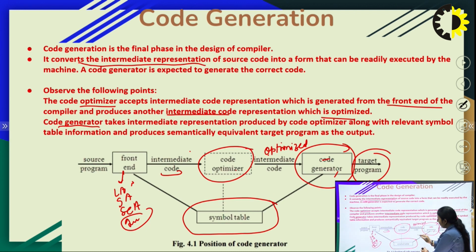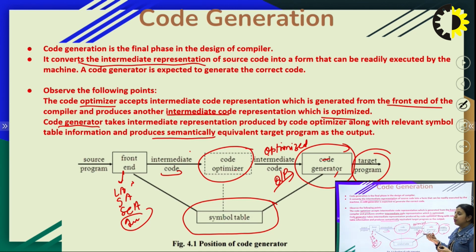It takes the intermediate representation produced by the code optimizer along with the relevant symbol table information and produces a semantically equivalent target program as the output. It takes both as input and produces the target code, the code that is needed by the machine.